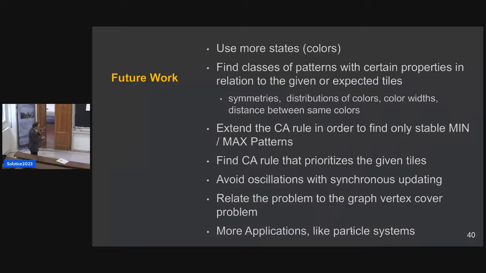We can use more states, of course. In principle, we can find classes of patterns with certain properties, symmetries and distributions and so on. We can try to drive the evolution to a minimal or maximum number of particles, let's say.